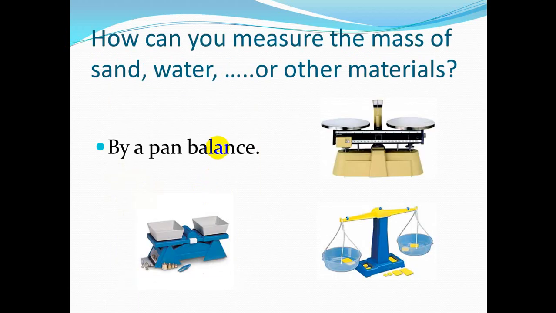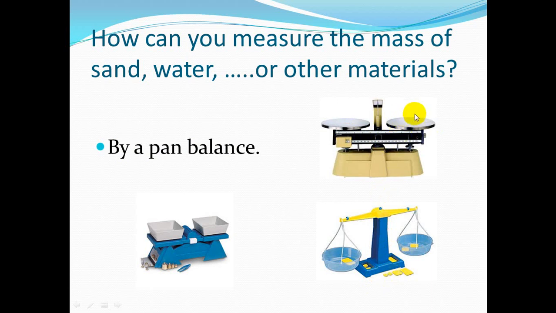So how can we measure the mass of sand, water, or other materials? We can measure it by using a pan balance. We have many shapes of the pan balance, like these pictures. This pan balance has two spaces here, and we have many masses.